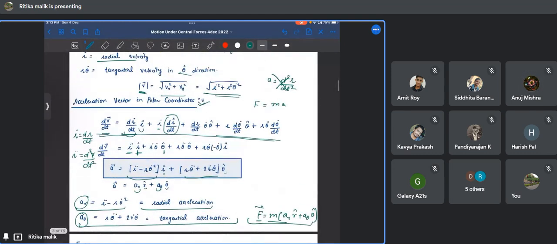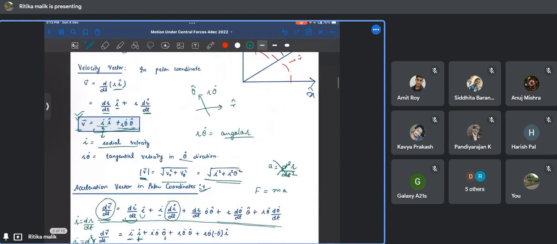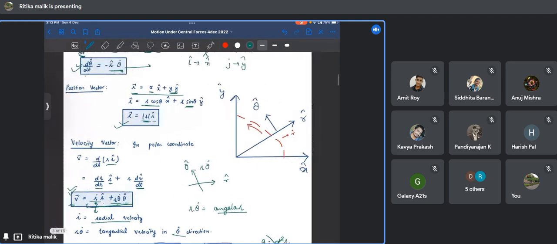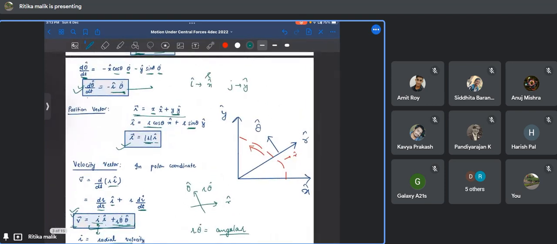Actually, these came from the derivation of velocity. We start with the position. See, if I try to explain it in simple terms, in the Cartesian coordinate system we have x cap and y cap. These are our position coordinate system. So the position is given by x in the x cap direction, and the velocity is given by dx by dt in the x cap direction.